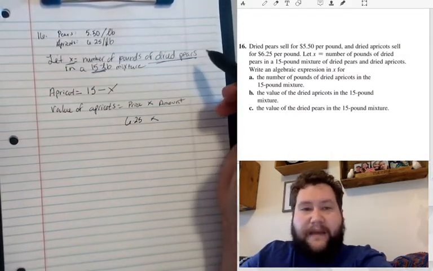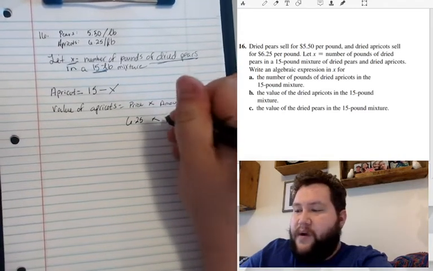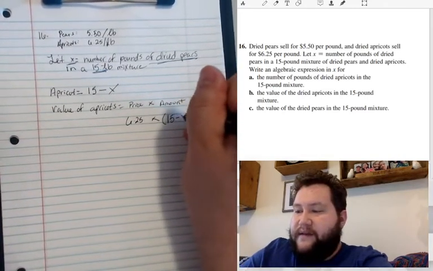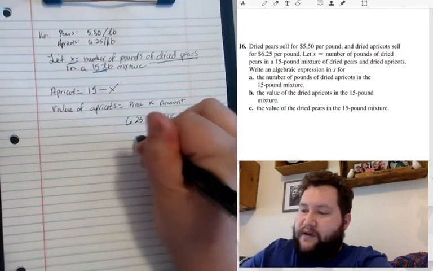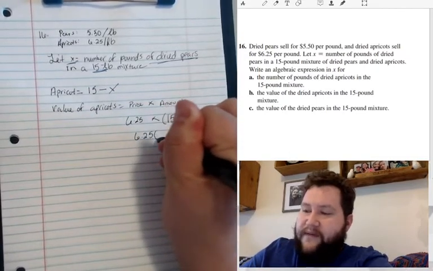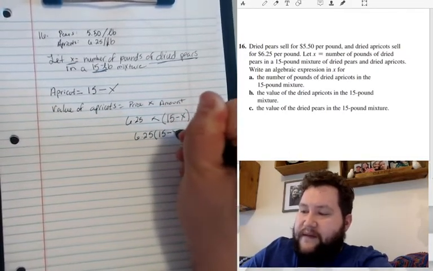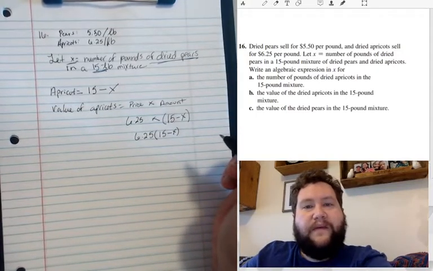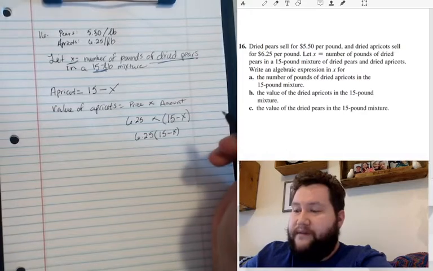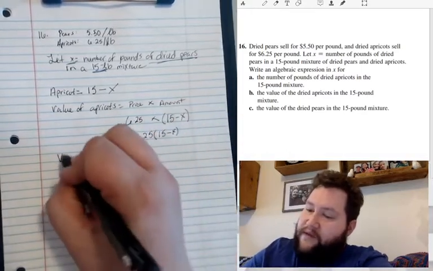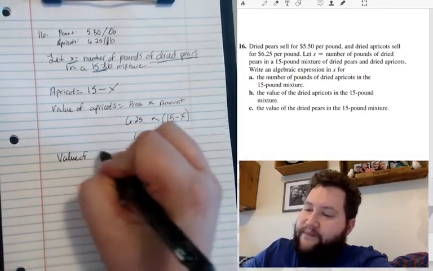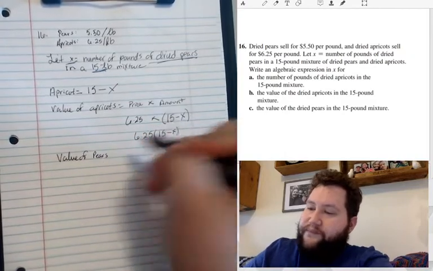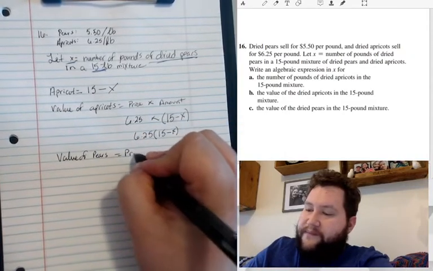Times, and how many pounds of apricots we have? Well, we have 15 minus x. So you could write it this way. 6.25, 15 minus x. And then the last thing it wants is the value of dried pears. So value of pears is going to be price times amount.